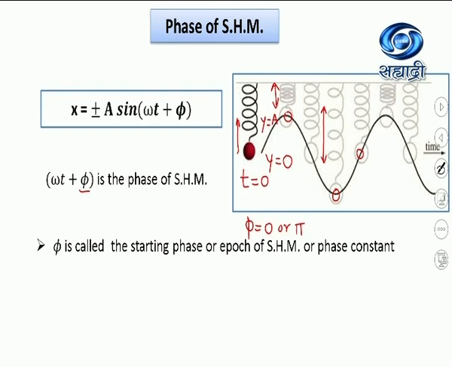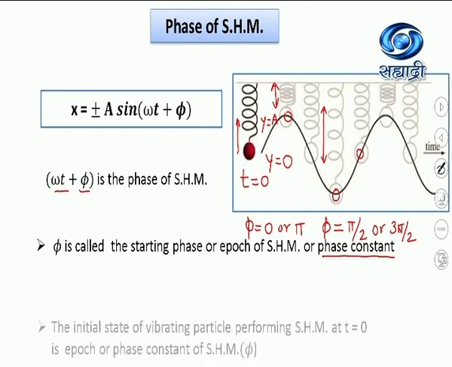And if it is assumed that the particle starts its motion from the extreme position, then this phase constant is taken as either pi by 2 or 3 pi by 2. As these values of phi are constants, it is called the phase constant. Here the varying quantity is only omega t. That's why omega t plus phi collectively explains the phase of SHM.